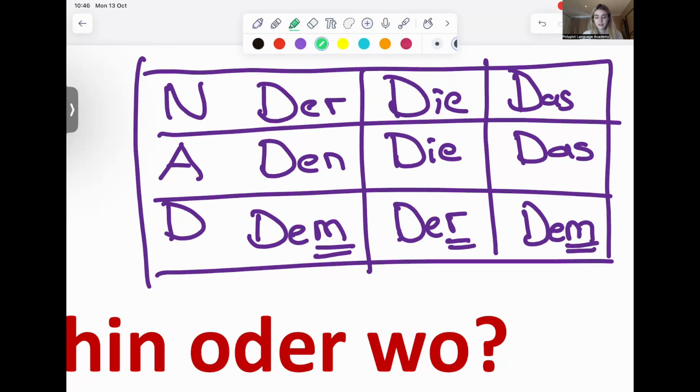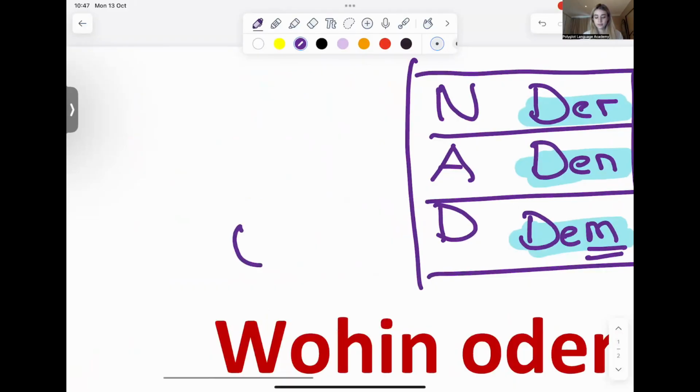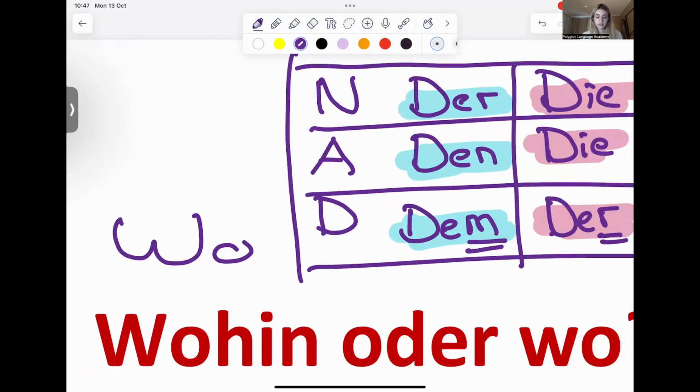Okay, so let's make masculine blue so you can see, and then feminine, die, pink, and neutral, we're just going to make yellow. Basically, wo here is Dativ, okay? And wohin is Akkusativ.